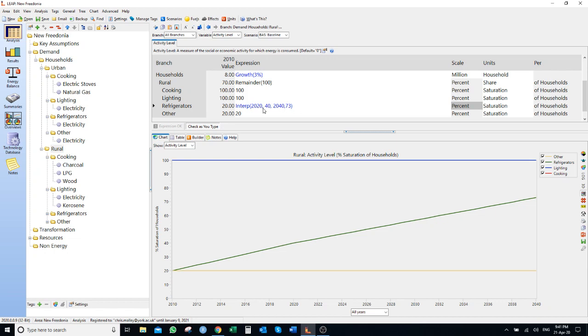So this expression here, the interp expression, we can enter multiple years with multiple values. We don't need to just use the end year or anything like that. We can enter in midpoints as well as we create our scenarios. And we want to enter the same expression for other.